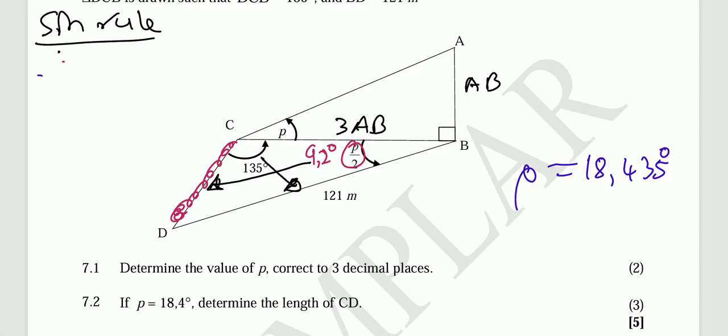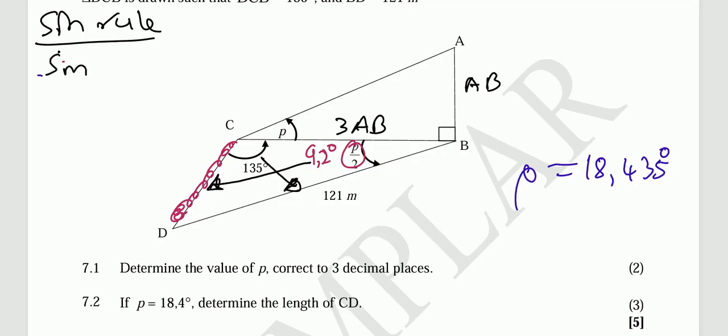If you are calculating for an angle, one side must be opposite to the angle that you are calculating, and one side opposite to the given angle. Here we have two sides, the one we are calculating and the given one, and we also have two angles. So for this question, we can just use the sine rule.